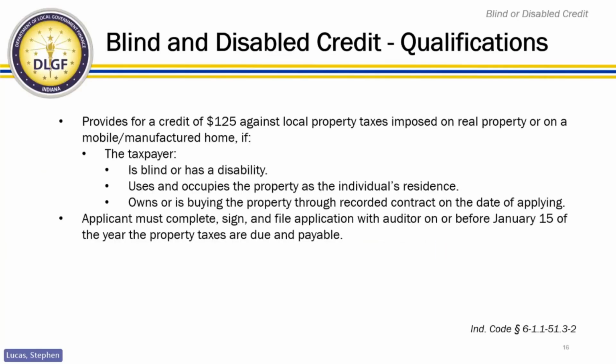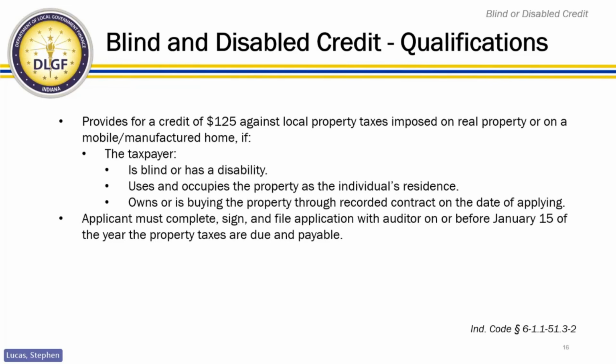Now, this benefit was, up until this most recent legislative session, a deduction. It has been converted to a credit. It is now a credit of $125 that applies against local property tax liability if the applicant meets the qualifications in the statute.